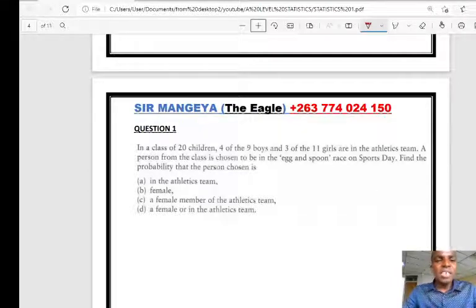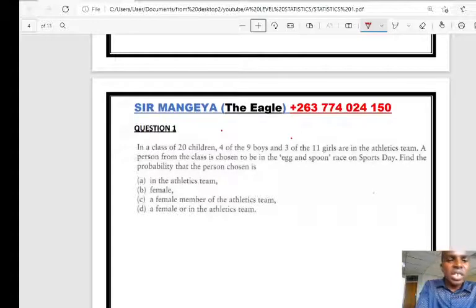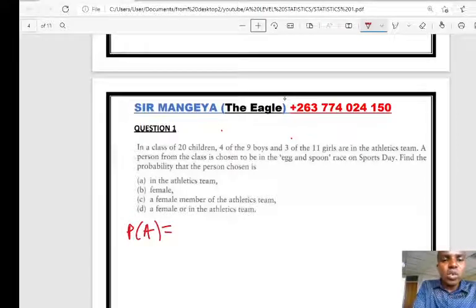So you just have to check how many of the children are in the athletics team. It's 4 boys plus 3 girls, which is 7. So probability of athletics team equals 4 plus 3 over 20 altogether, which is equal to 7 over 20.